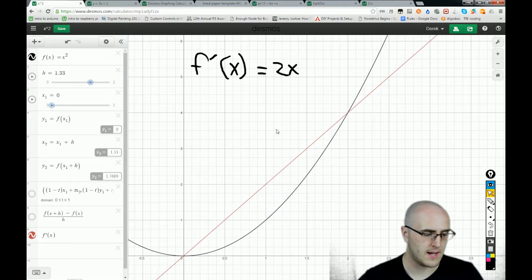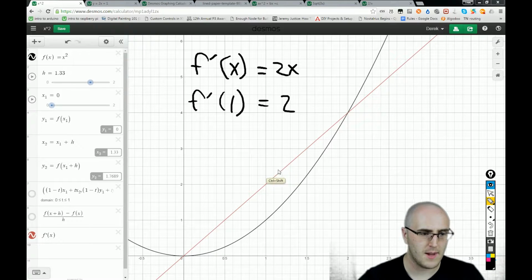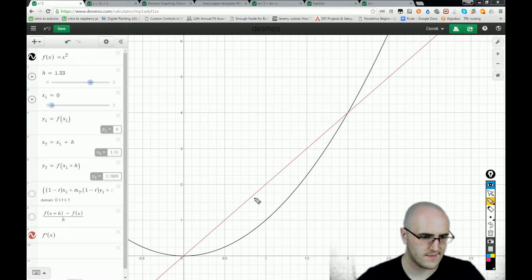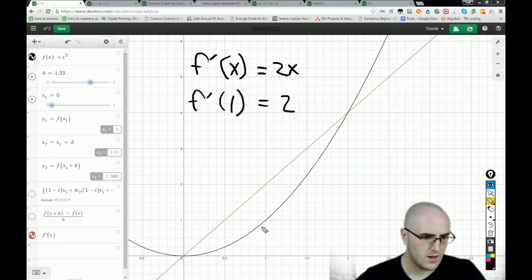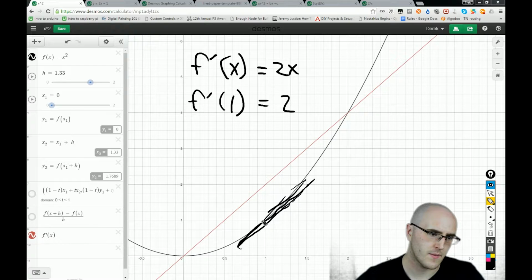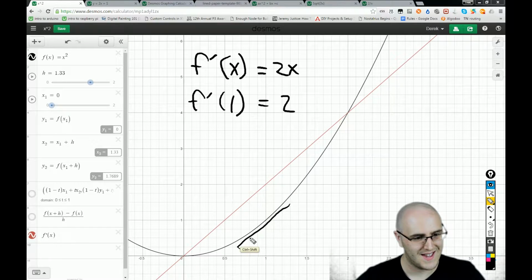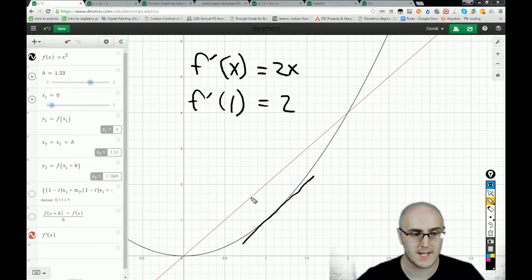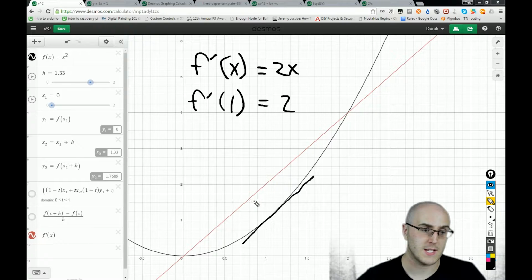So if we plug in, say, f prime of 1 equals 2, then what that means is at 1, the slope of this line right here, if we were to draw this tangent line right here, the slope of this line is 2, which it appears to be, as our scale here is pretty much tangent with this red line here, which is our derivative, which has a slope of 2.